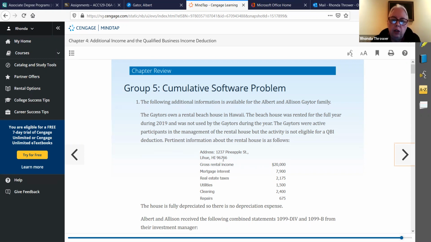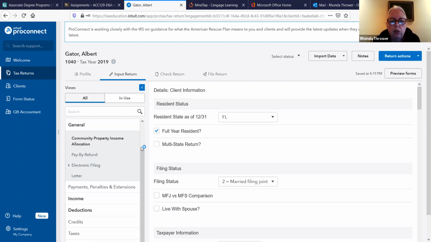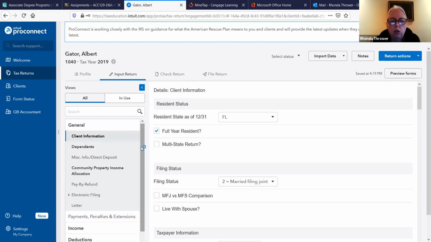So the main thing you need to do is know where to put that in the ProConnect software. So I'm going to click back over to my ProConnect software problem, and look at the menu item right here. We're going to be recording information about some more income.